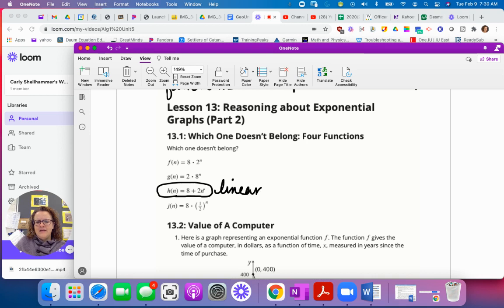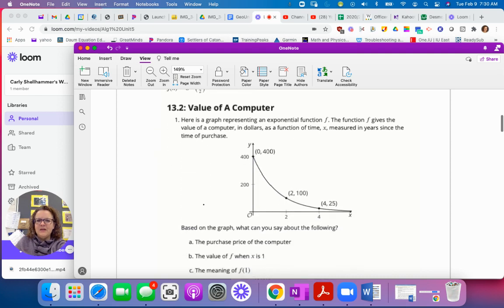I know that because my exponent of the variable is a 1, and it's not in an exponential spot, and there's addition in between the two numbers. So I think that one doesn't belong. The rest of them are all exponential: this is exponential growth, this is exponential much bigger growth, and this is exponential decay.